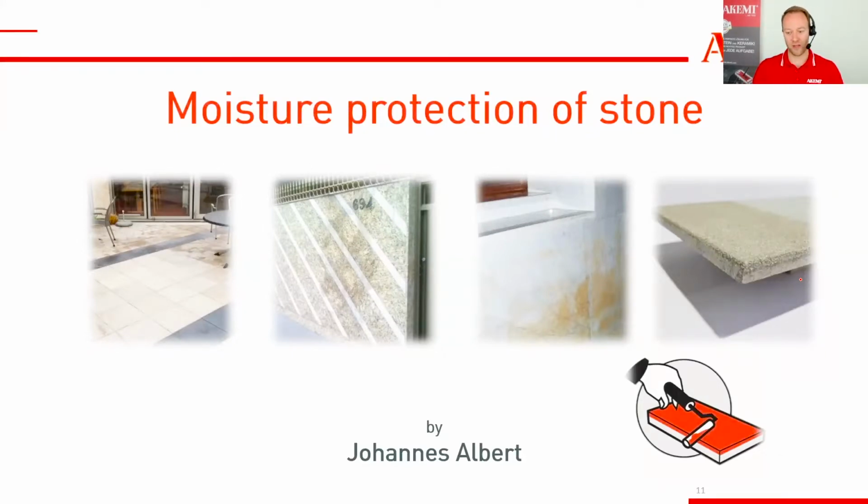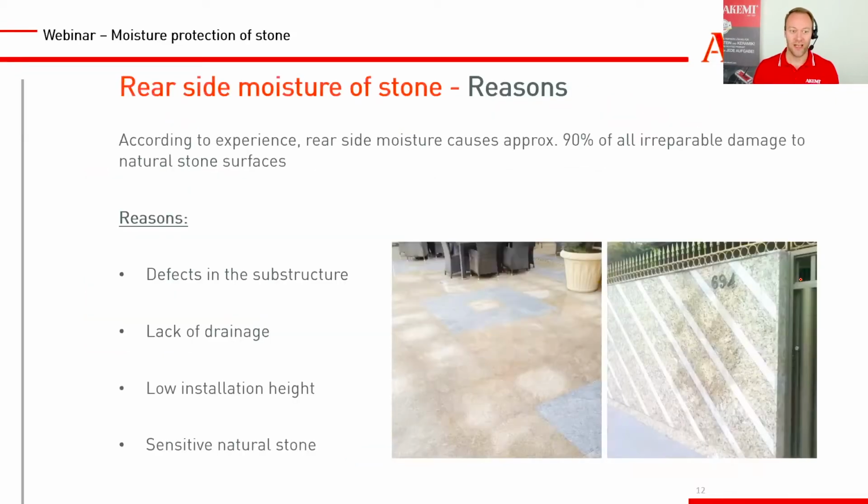This is a big topic. It's a very important topic. So we said we need a whole webinar for that, because the damage which results out of moisture or rising moisture is usually not cleanable, not repairable.